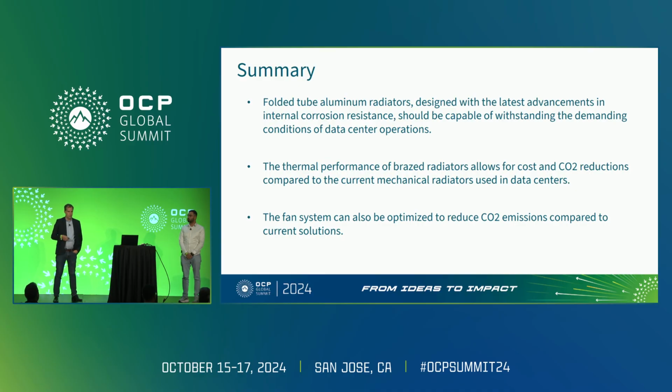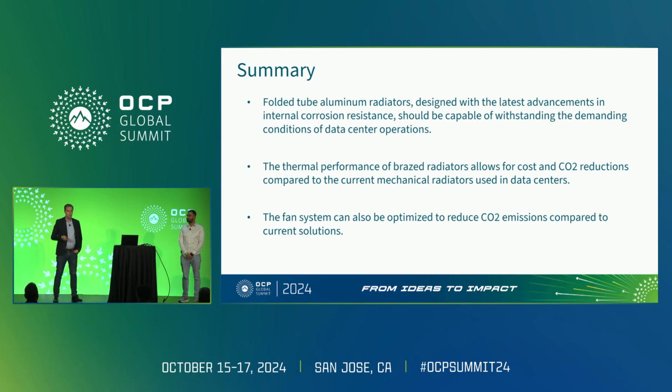We have to demonstrate through trials that what I am presenting to you today is working. This is what we plan in the next months: to put some braze radiator in real conditions into a data center to demonstrate that we are at the right level in terms of internal corrosion resistance. As already mentioned, this is the main drawback of this technology versus the existing one.